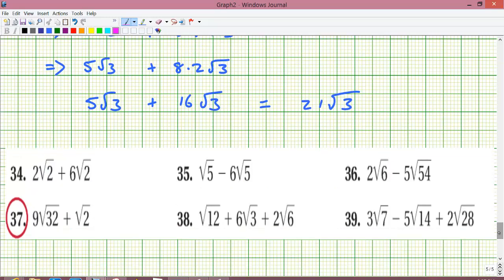Okay. All right, so once again, once this is completed, pause and check your work and then move on to the next section.